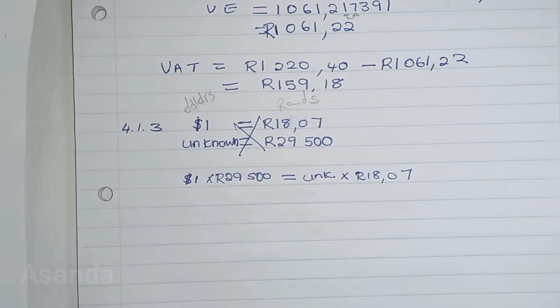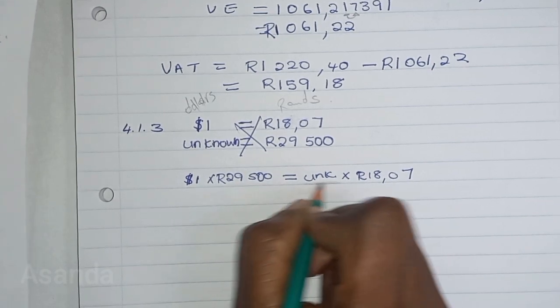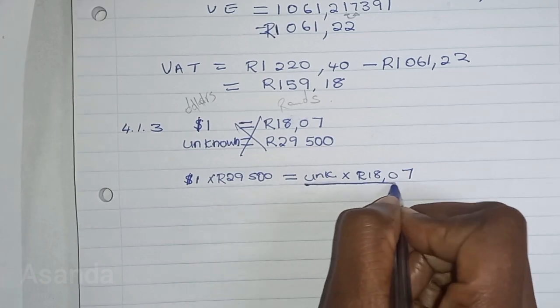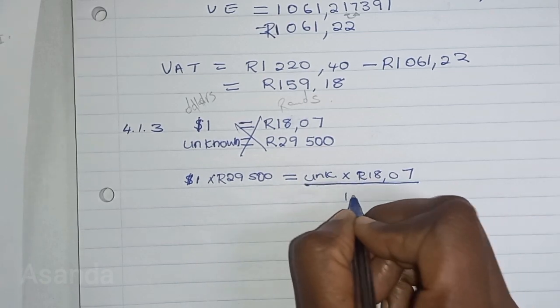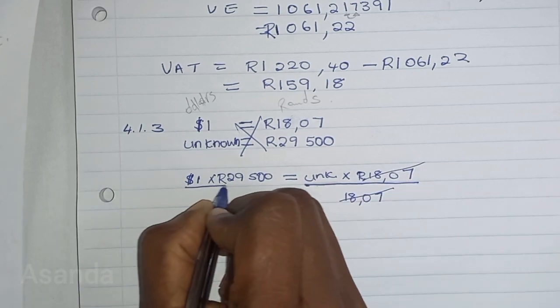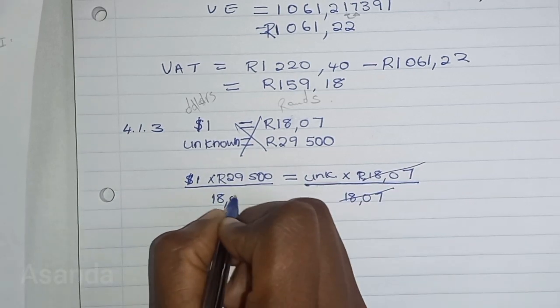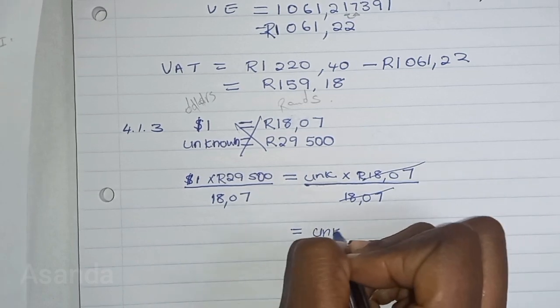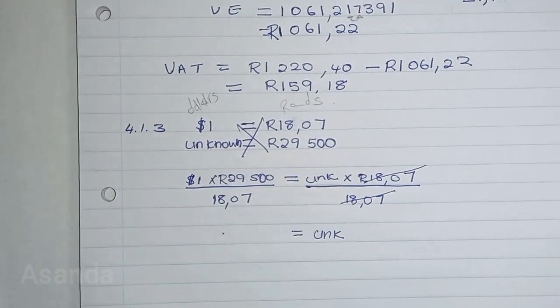Now my unknown is multiplying 18.07. The opposite of multiplying is dividing by 18.07. That goes away, and what I do to that side, I do to this side, and I get my answer. So now we have unknown sitting on its own with the answer in dollars.